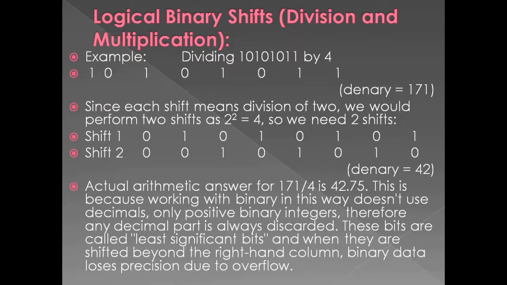For example, divide 10101011 by 4. Now this is the number and its denary is 171. Since each shift means division by 2, for dividing by 4 we need to perform 2 shifts, because 2 times 2 is 4. So shift 1, all the bits take one jump towards the right hand side.